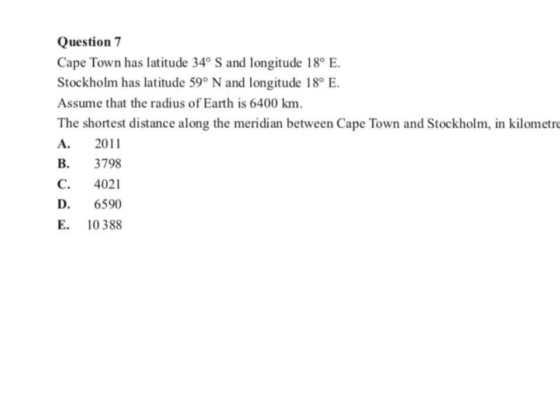Okay. Keep going. So here's another one. Cape Town has a latitude of 34 south and a longitude of 18 east. So once again, as soon as you see the same longitude, it means we're on a great circle. But you can just simply go to the longitude formula, the one where it says same longitude, and you've got the radius of 6400.